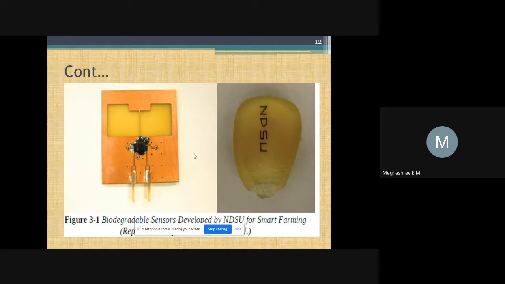Okay, so here, when I say smart farming, many sensors are deployed in the soil, right? It may be to measure the soil quality or pH level of the soil, salinity, toxic level, and also moisture, right? So these all help. When these sensors are deployed in the soil, they will read the respective physical quantity in real time, right?